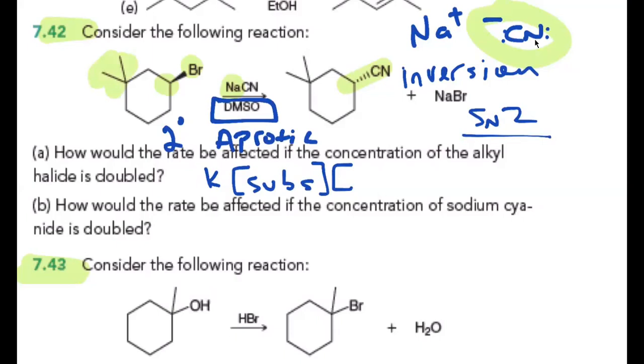But because those methyl groups are there, that makes it chiral, so when it goes through the substitution process, it's going to get inverted, because the nucleophile is always going to come in opposite of where the leaving group is. You're always going to see that, especially on a secondary carbon.